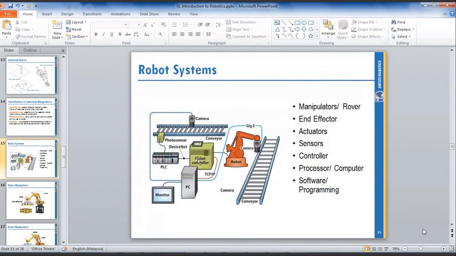Inside the robot controller, they have something we're going to learn: a DH method program, calculation, or maybe a homogeneous transformation matrix formula.